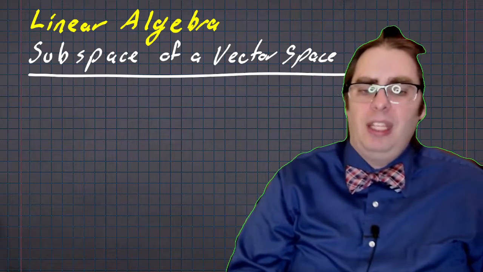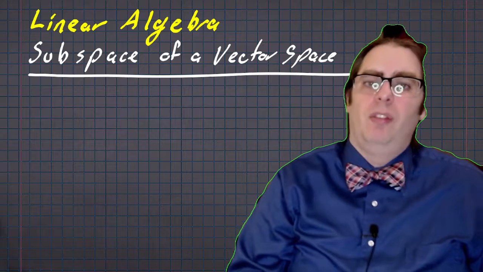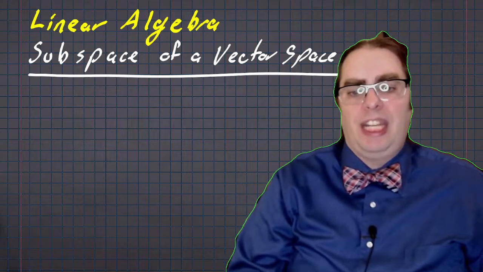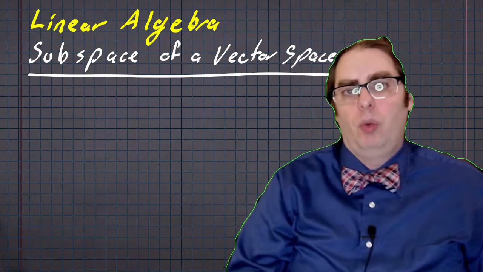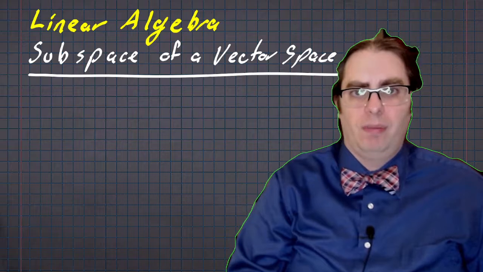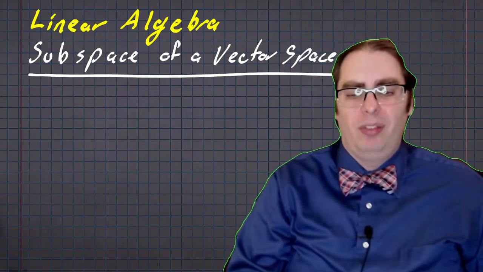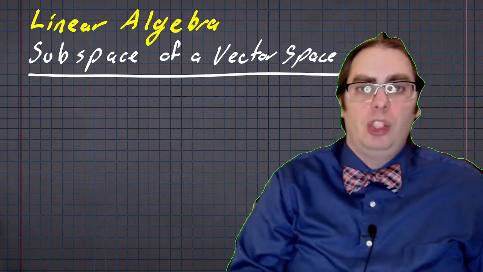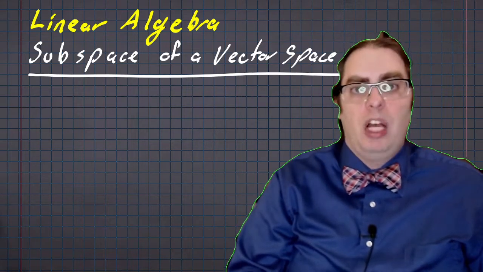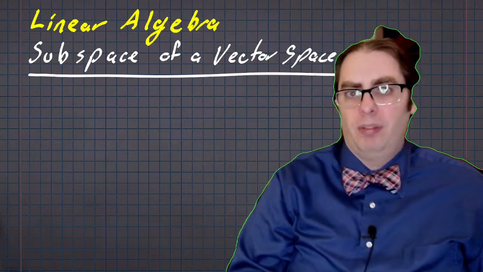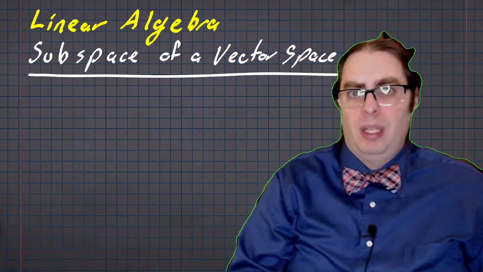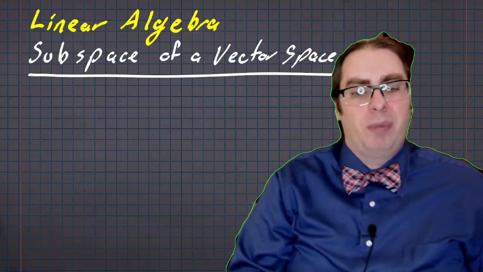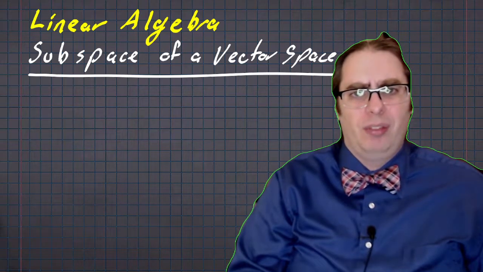But the nice thing about a subspace is that it has to share the operations with the original vector space. And the reason that's so nice is that showing that something is a vector space shows you a lot of properties of that vector space, and a lot of properties of the operations.